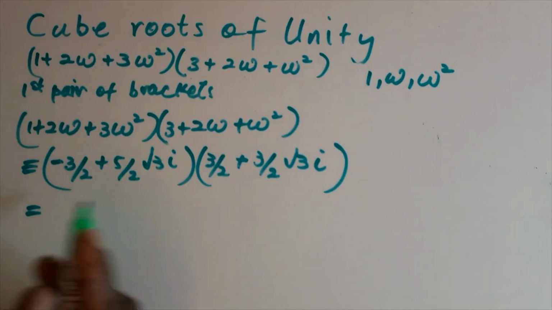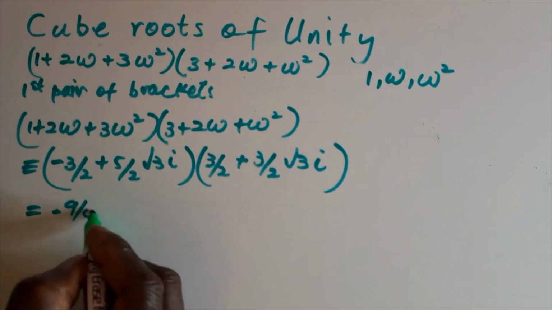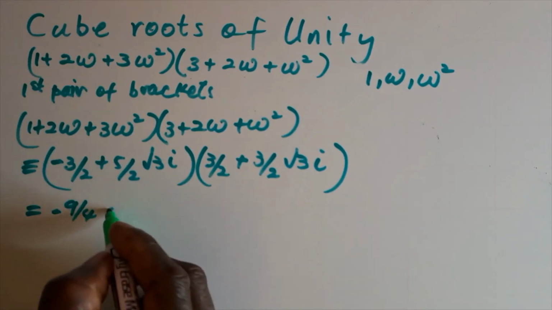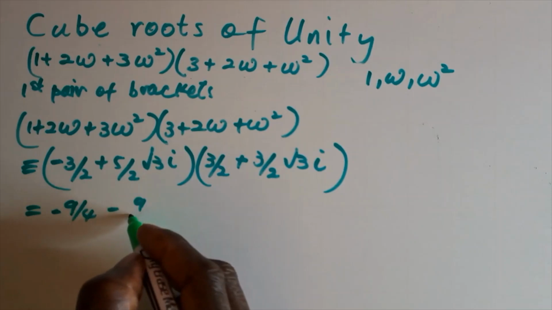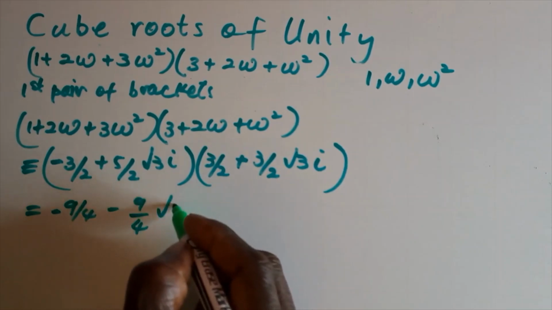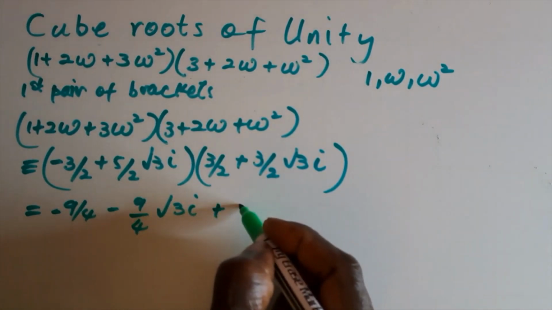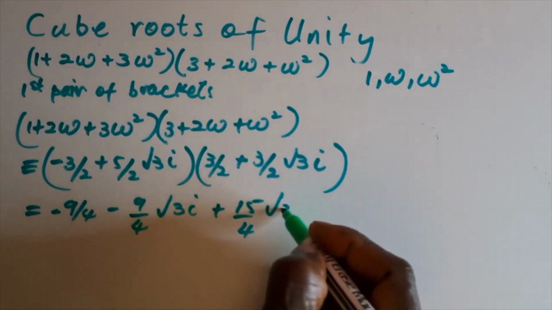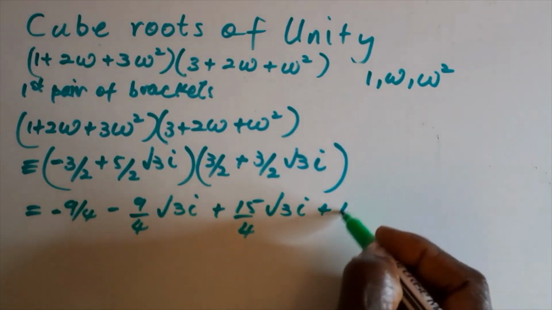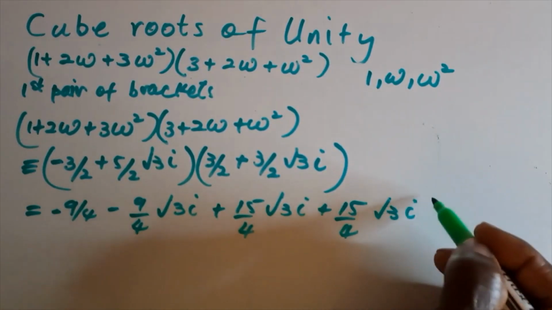So here we get minus 9 over 4 minus 9 over 4 root 3i. And we added to 15 over 4 root 3i, added to 15 over 4 root 3i squared.